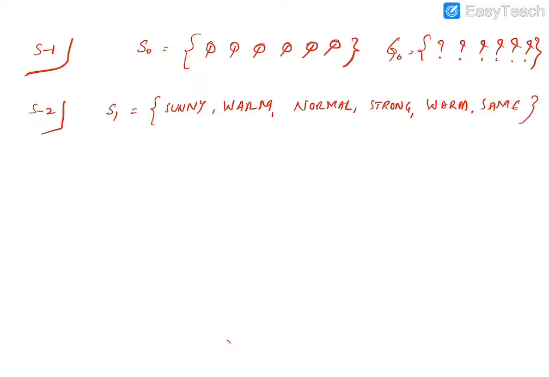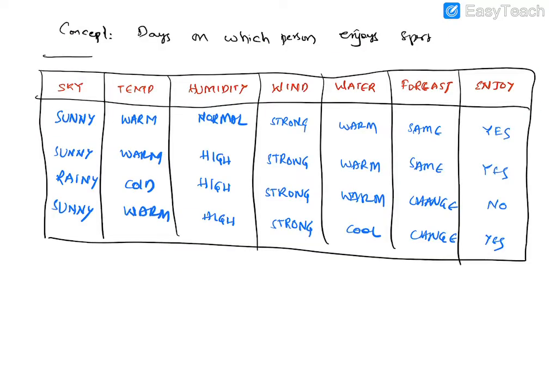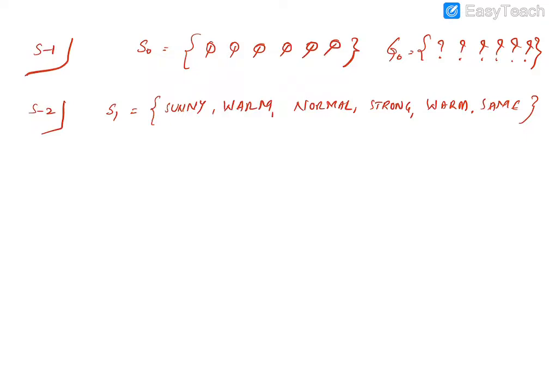So this is the record from the first one: sunny, warm, normal, strong, warm, same. I am going to make specific to general. What about G1? G1 will be as it is: 1, 2, 3, 4, 5, 6.